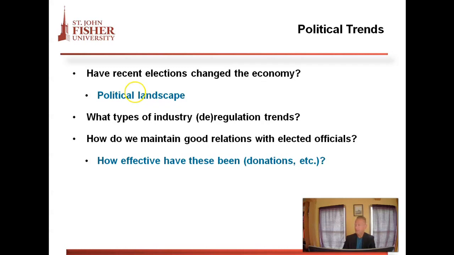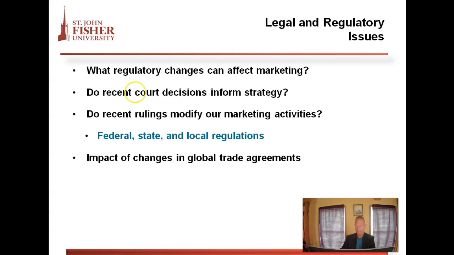And how do we maintain a good relationship with elected officials so that we know what's coming down the pike? We also take a look at legal and regulatory changes going on in our external environment.